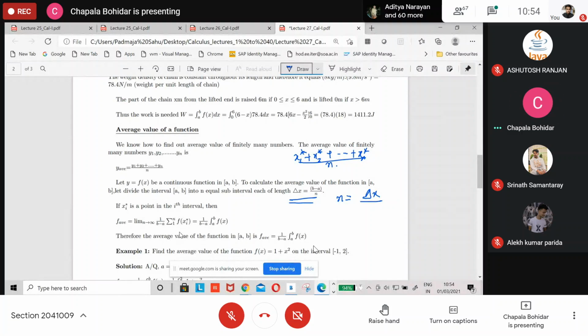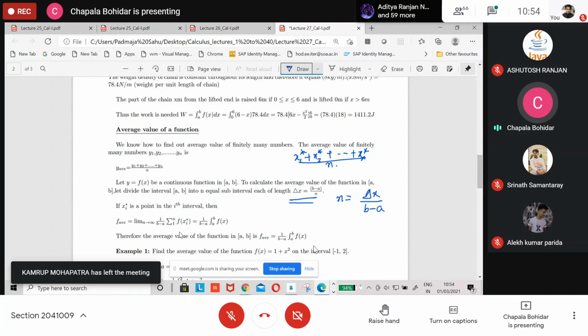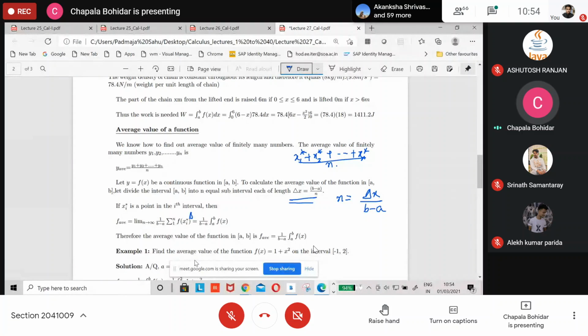When n tends to infinity, it is 1 by b minus a integral from a to b of f(x) dx. Only you have to remember this one.